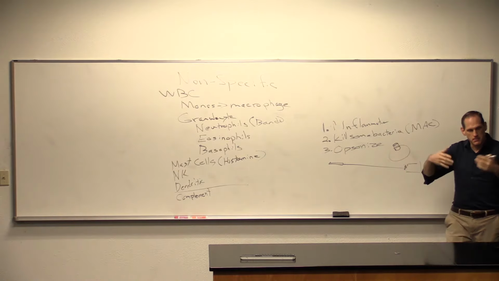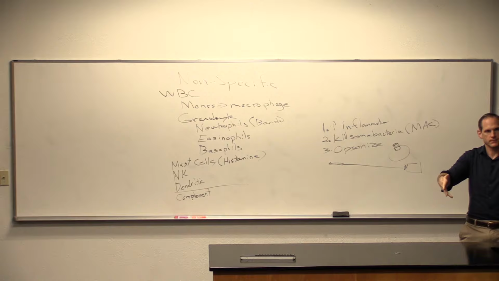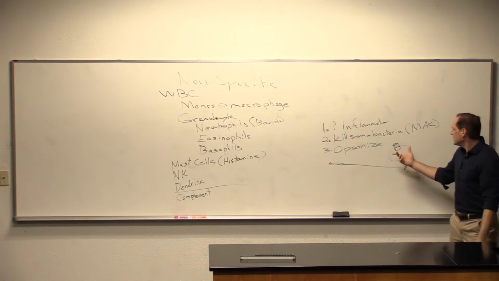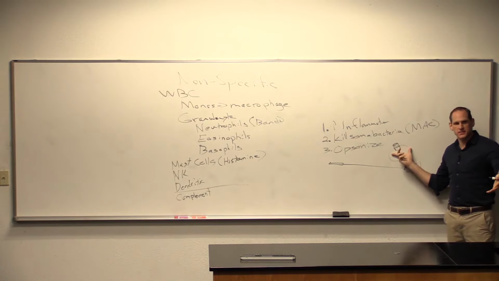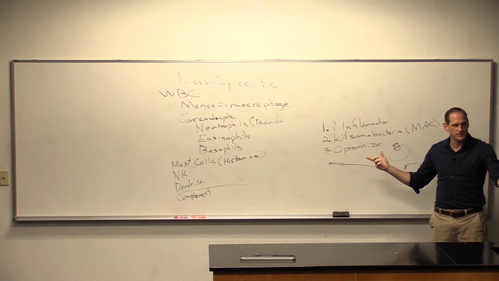So it's kind of like it's been marked, but instead of with a laser, it's been marked with what? A MAC. So the MAC paints that cell as a target to be destroyed by macrophages. So then macrophages, which are kind of big, dumb, and ugly, say, oh, okay, I'll come and eat this thing. Does that make sense?